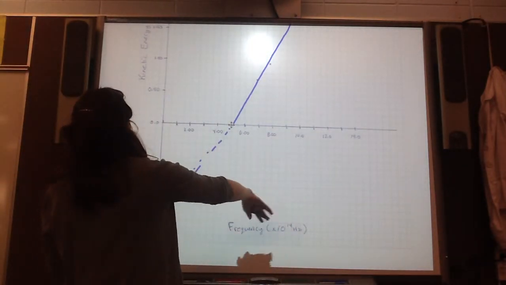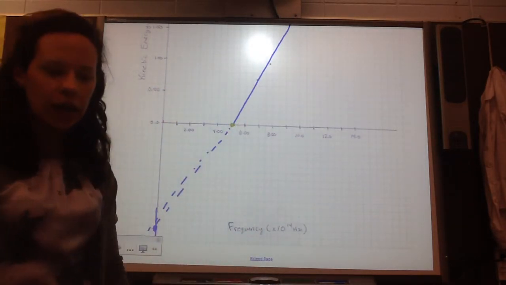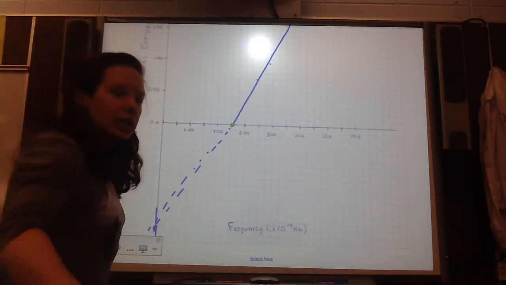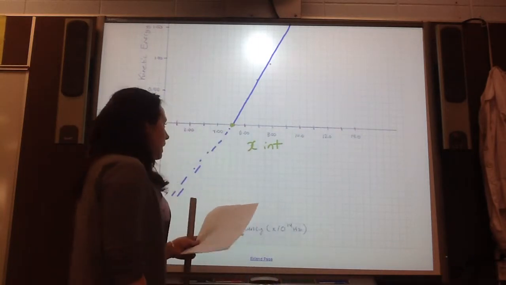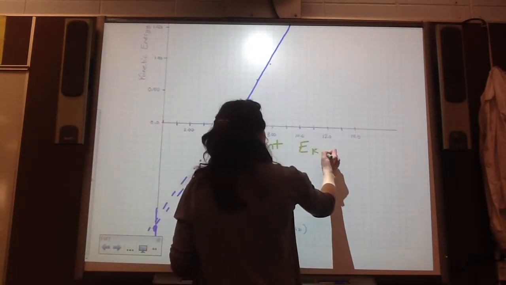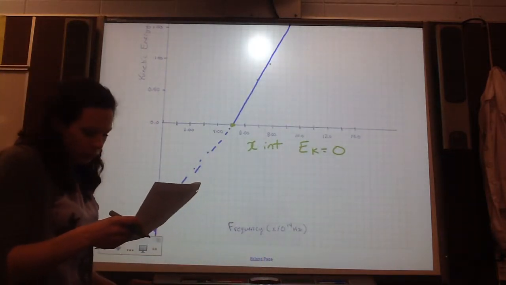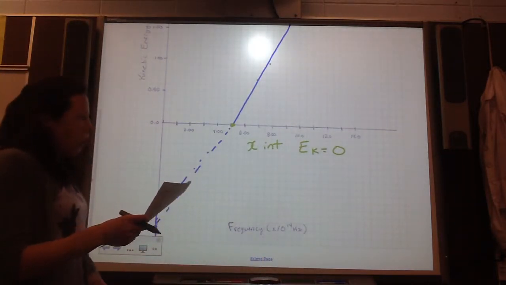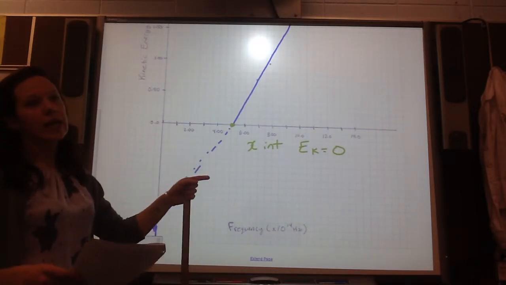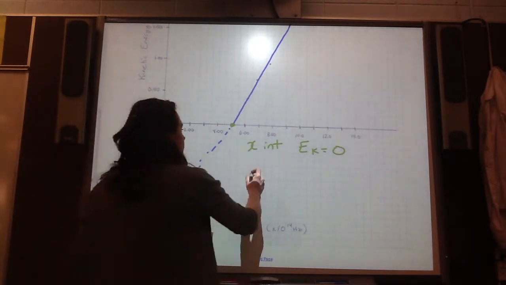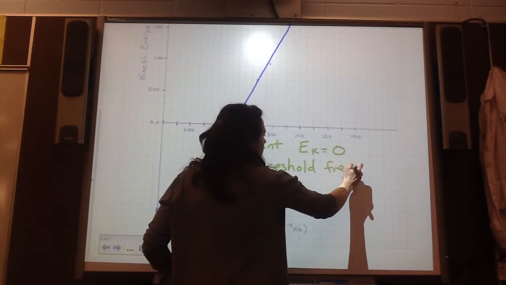If this is our frequency and this is our kinetic energy, then at the x-intercept, this is where our EK is 0. So the frequency when EK is equal to 0 is the threshold frequency.